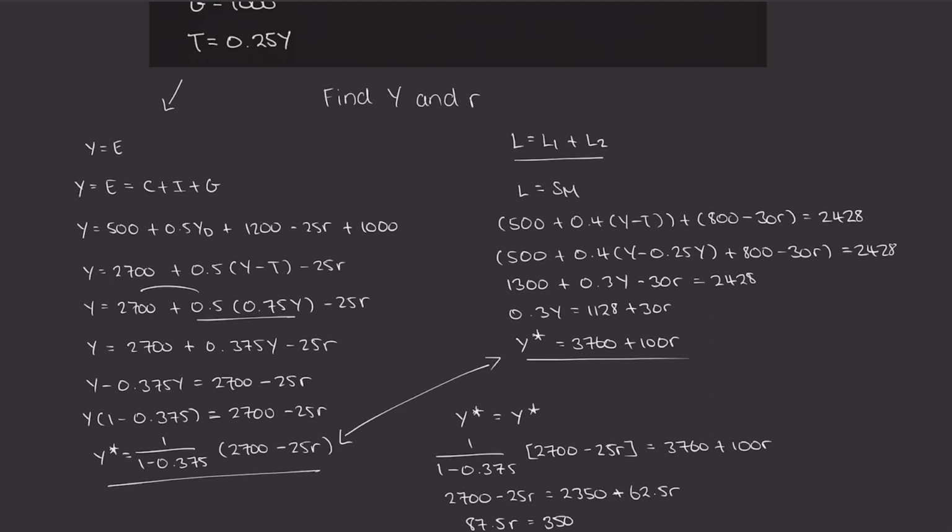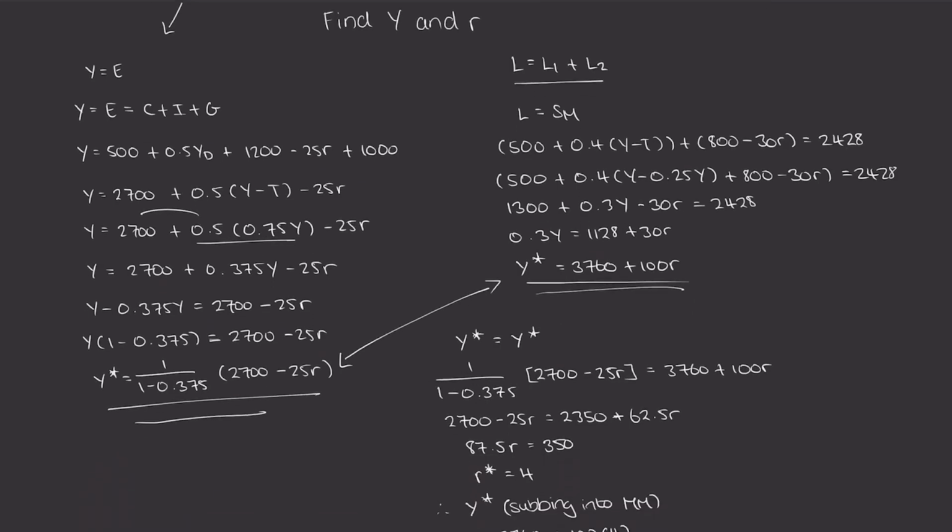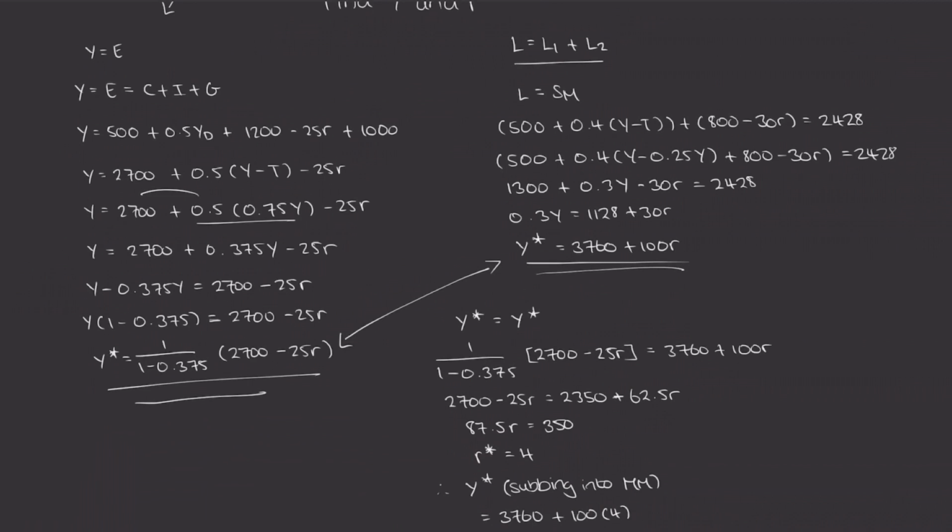But for the method we're doing right now, you set both of them to y star, solve to get r first, and then substitute back into either the money market or the goods market. It doesn't matter which one you substitute it back in. I chose this one because it's so much easier to substitute in compared to the other one. But because it's simultaneous equations, no matter which equation you use, it should be exactly the same, right? And it's just a simple bit of algebra at that point once you know what you're doing.